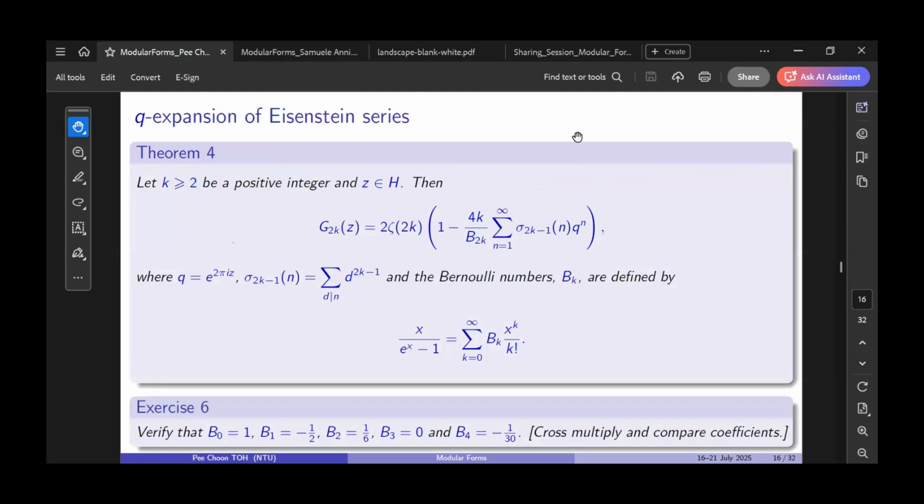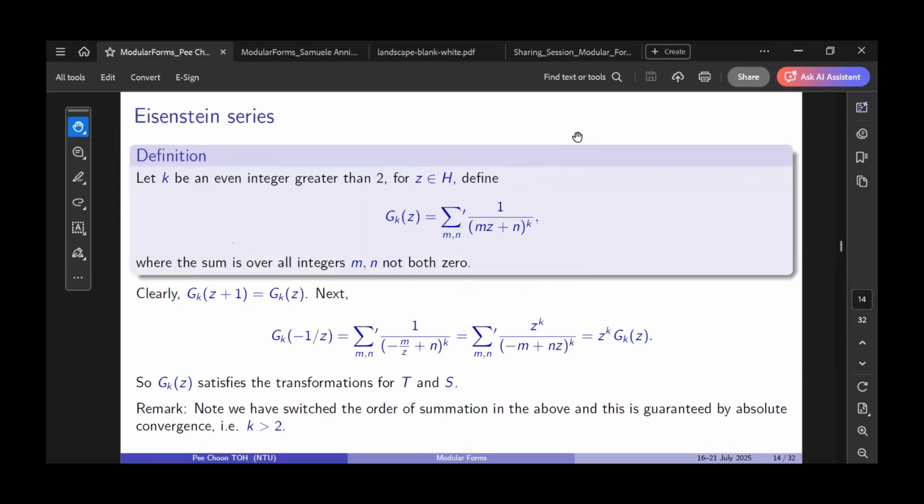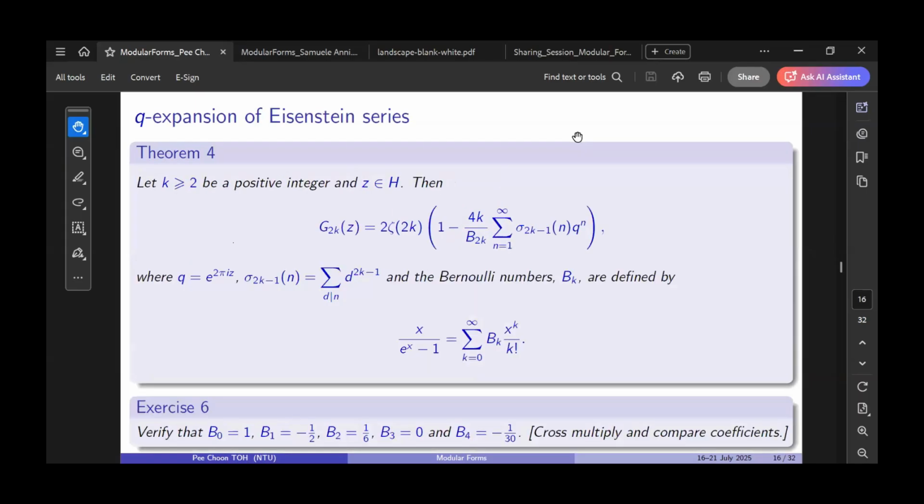Okay, so we jump a bit here, but from the definition that g_k(z) is the sum of all these forms for all (m, n) integers where not both are zero, these actually have an explicit form of this.